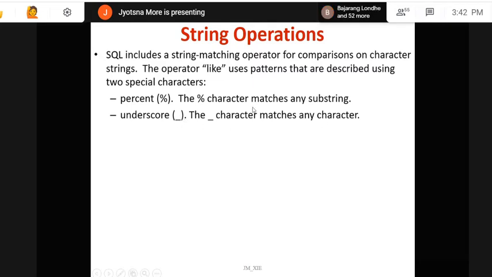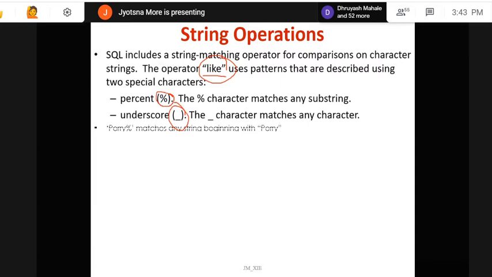When writing string queries you require one very important keyword, known as LIKE. So three things you have to remember: the percent symbol, the underscore symbol, and the LIKE keyword.